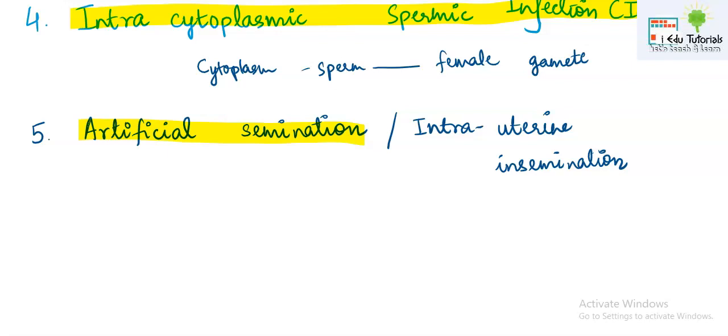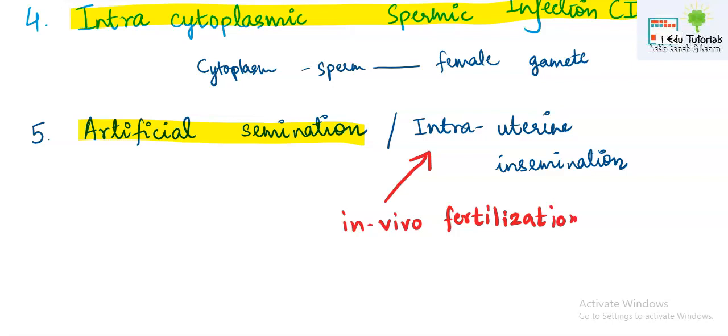When enough sperms have been collected outside, they are injected in the uterus. Once injected in the uterus, it leads to normal fertilization, and normal fertilization, as we saw in the beginning, is known as in vivo fertilization.